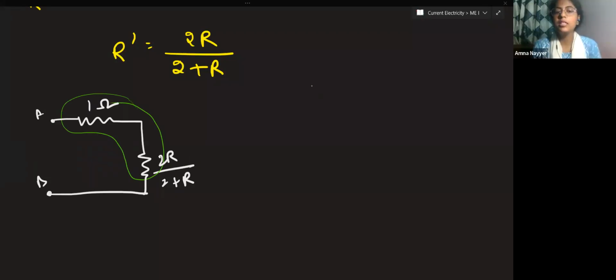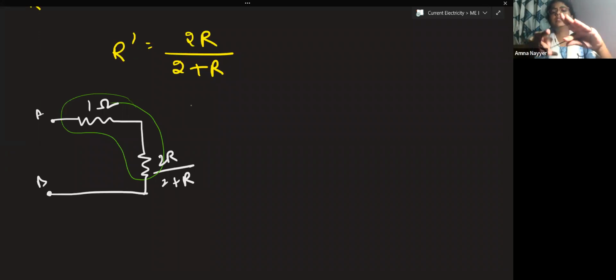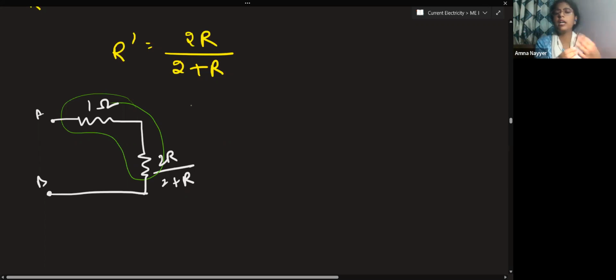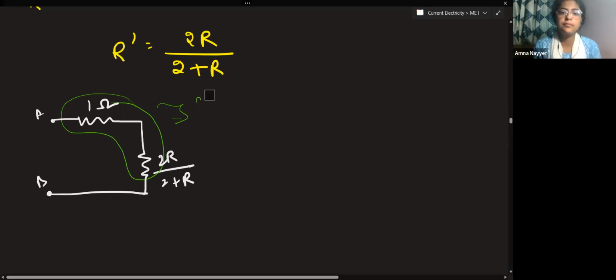So both of these are connected in series. It's a single wire that has been molded into a U shape like this. Single wire is there. Current will be the same. No branching is there. So they are connected in series.